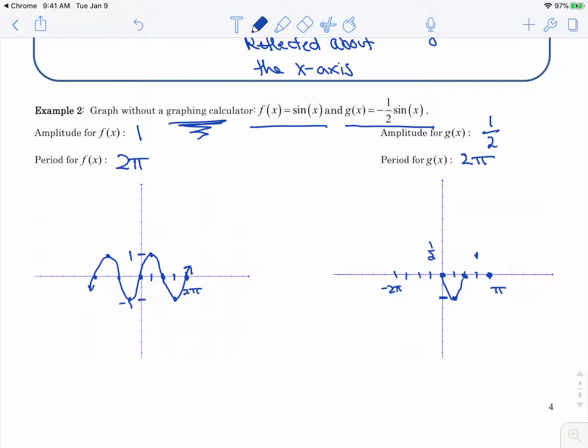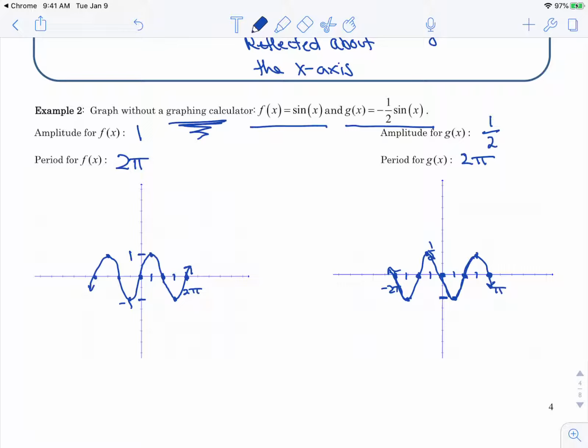I have this reflection, which was talked about in a previous class before 112. You could put in these points and try to figure it out, but it has to follow this pattern. My next one has to be a high point, my next one has to hit the x-axis, my next one has to be a low point, and then hit the x-axis. So there's that.